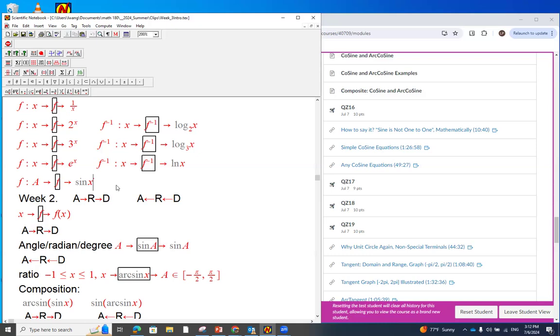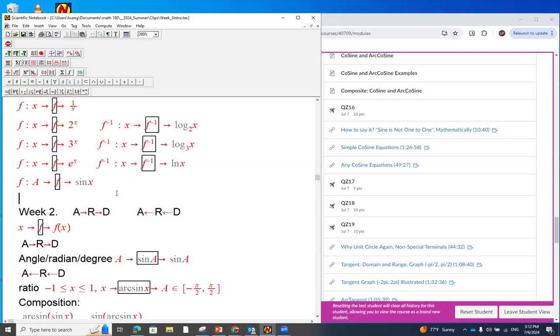That's our sine function. So we want to know their domain and range.